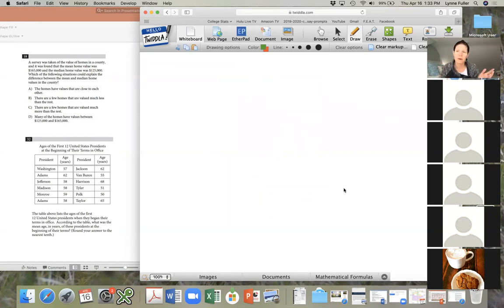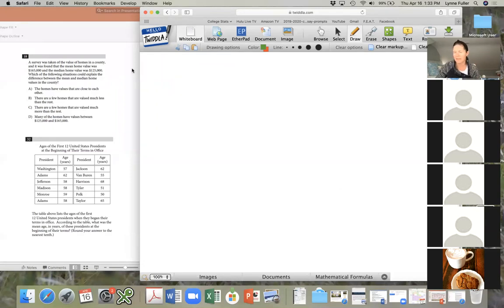So if all the apartments were, say, condos, they may sell for $50,000 to $100,000 a piece, and there's lots of them. But if you go to the single family homes, they're expensive. And so the difference in price of one single family home could really offset that median price of the typical home because there's so many of them.